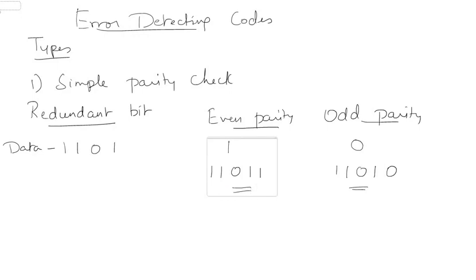Now we'll see what the simple parity check is, the first method of error detection. In simple parity check, we can either use even parity or odd parity. Here we have the sender.